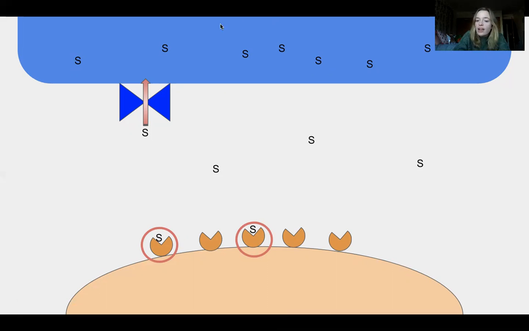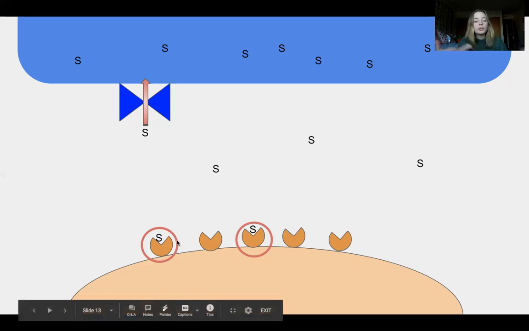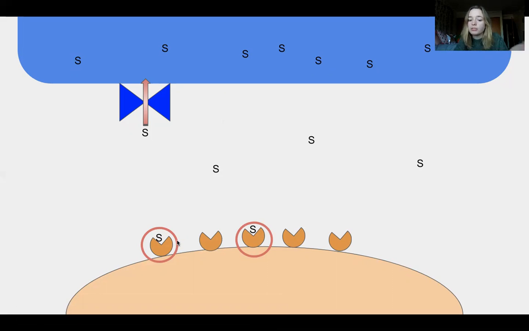However, this leaves very little serotonin in the synapse, and therefore very little serotonin that can bind to those receptors. So here we see only 2 out of the 5 serotonin receptors are bound to serotonin. Therefore, we're not going to get as many of those mood stabilizing effects that serotonin has.